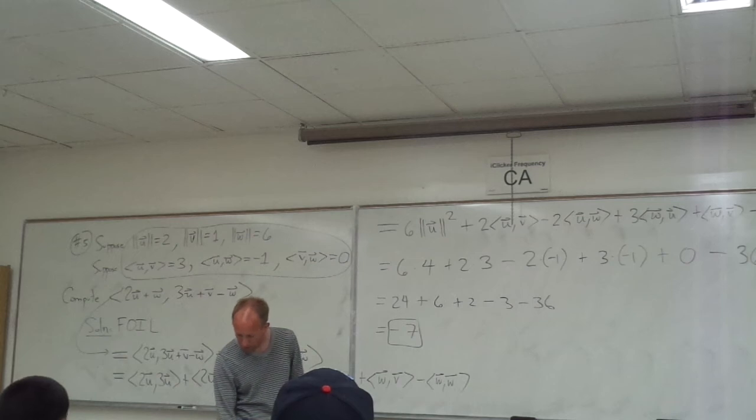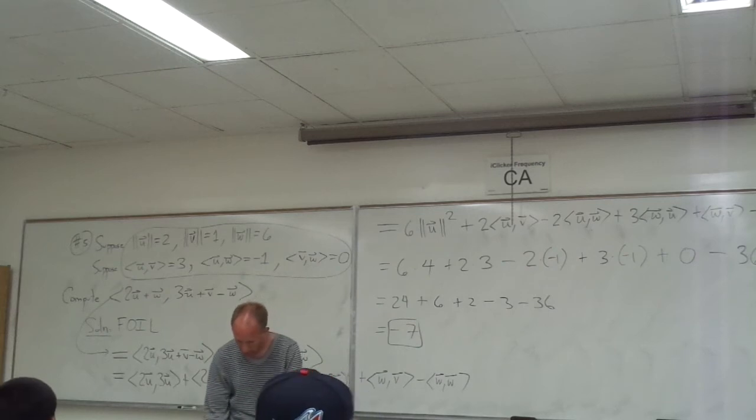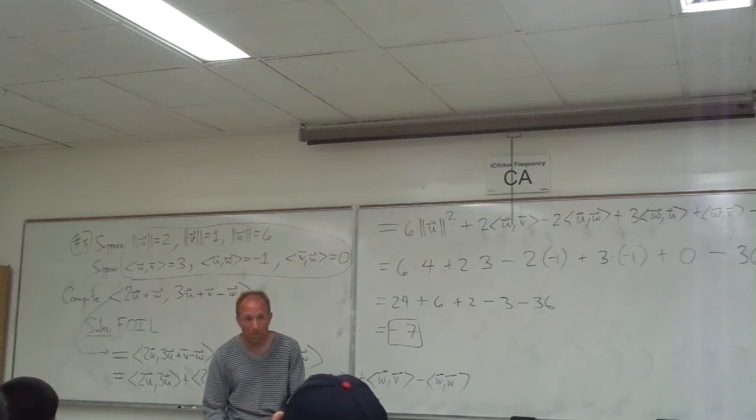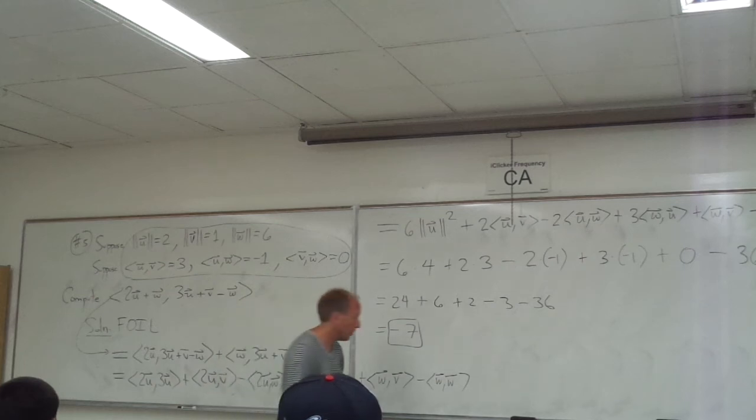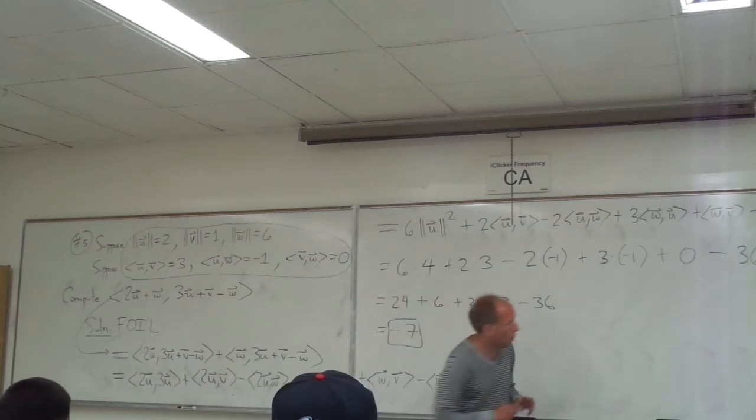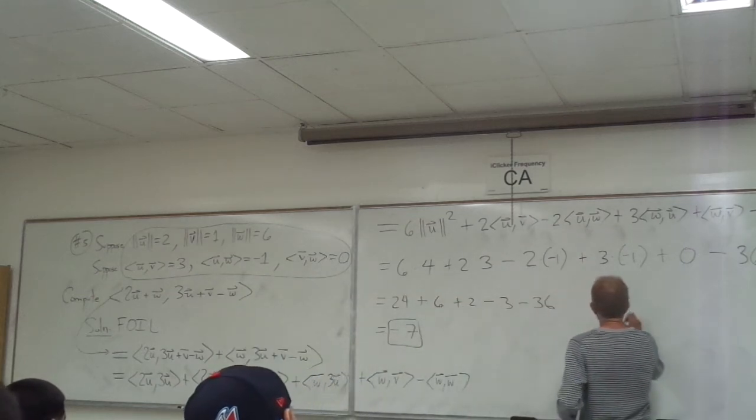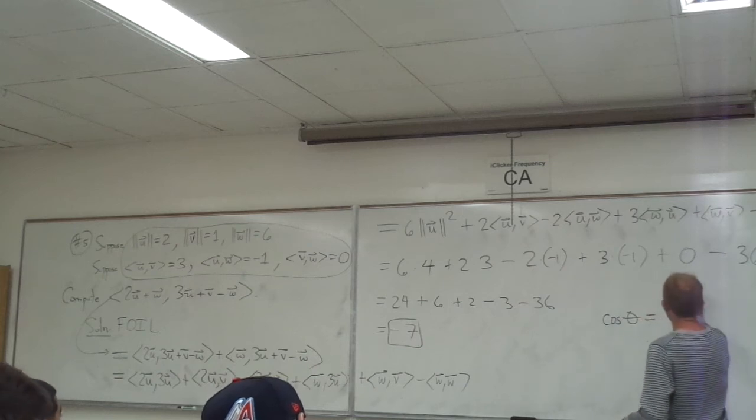Let's see, what else? So we've kind of practiced the Gram-Schmidt a little bit. We still have some more homework to get done with on that. Just trying to think what else we should go over. The angle between two vectors. That's pretty easy. Does everybody know that formula? Just make sure you know the cosine of an angle between two vectors, v and w.